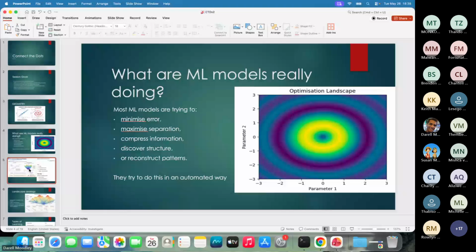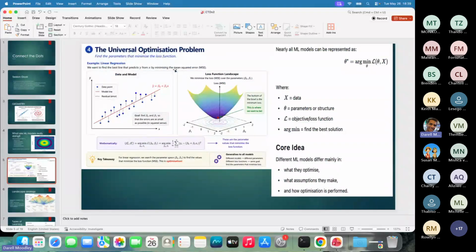Okay. All right, so the universal problem. So exactly what I just showed you, we're trying to optimize something. So this is your picture of a valley here on the right. Now for regression, a lot of you may have been familiar with this, right? You have your data points represented by these blue dots, and you can construct different lines that can fit this data. But which is the best line? Well, the best line is the one that minimizes.